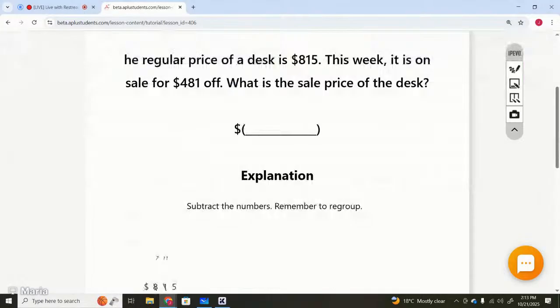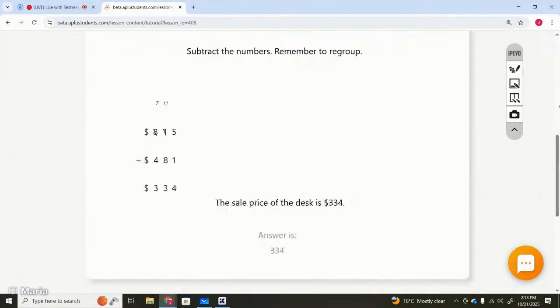The regular price of a desk is $815. This week it is on sale for $481 off. What is the sale price of the desk? So the original price is 815 and the off is 481.